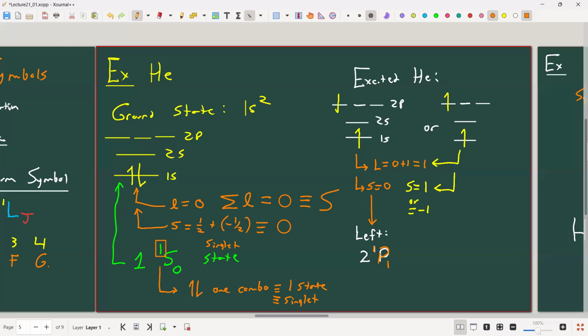Now, what about the state on the right? Right? It's a little more complicated now because we have spins to deal with. Well, no matter what I do, L is always 1 here. The only thing that brings orbital angular momentum to the system is that p electron. We have a p state for sure.